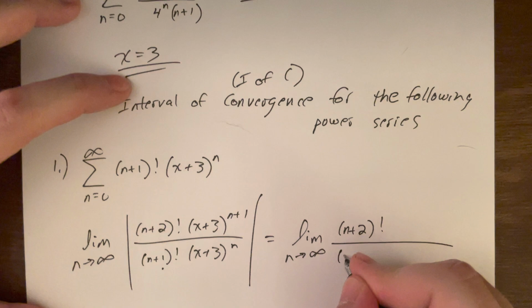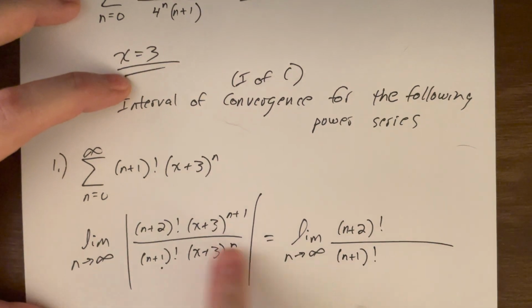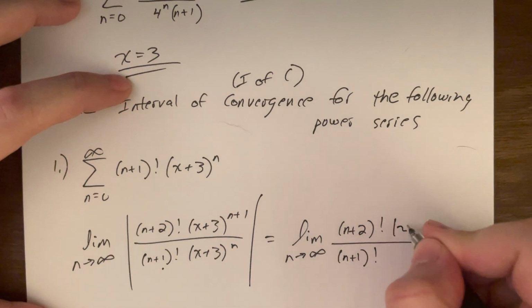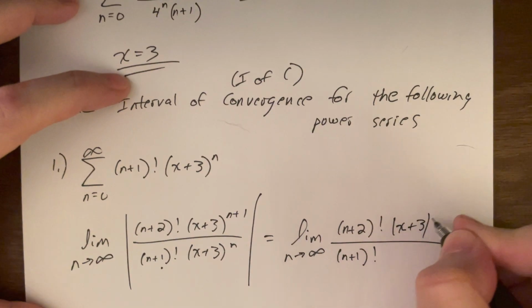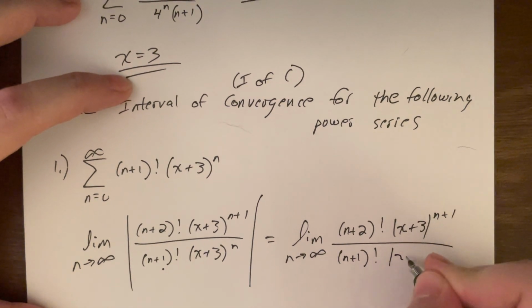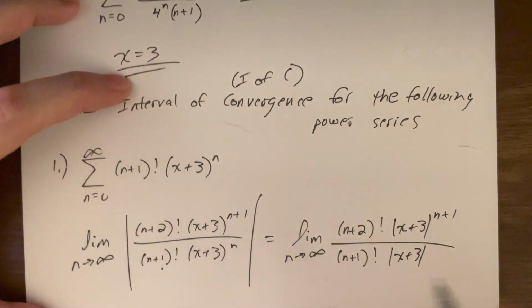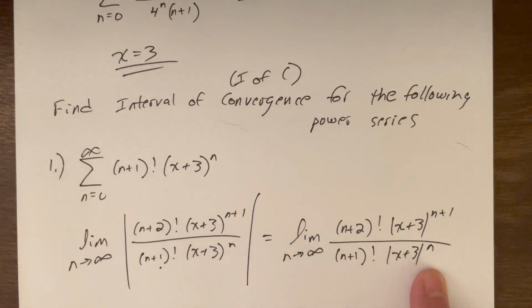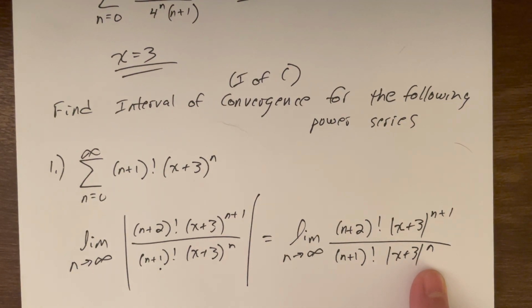This is always positive. But these two pieces, I have to know about x, but I don't know about x. So that becomes absolute value of x plus 3 to the n plus 1 power. Same thing in the denominator, absolute value x plus 3 to the n. That's the big difference with ratio test here.